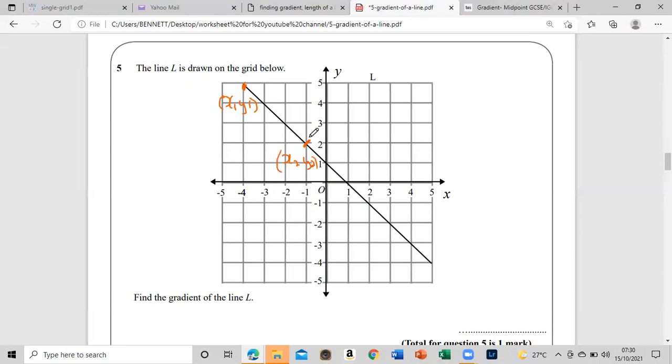So whatever I put in the points now, it's negative 1, positive 2, and this is negative 4, 5. Remember, guys, read the x-axis first and then the y-axis, where the intersection is.